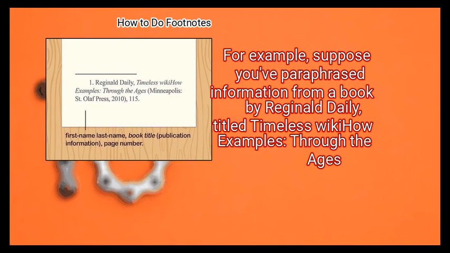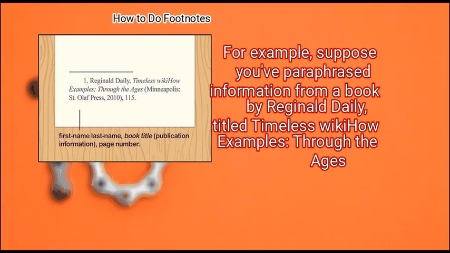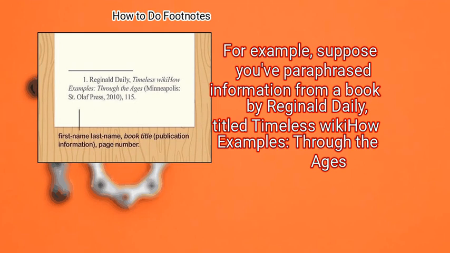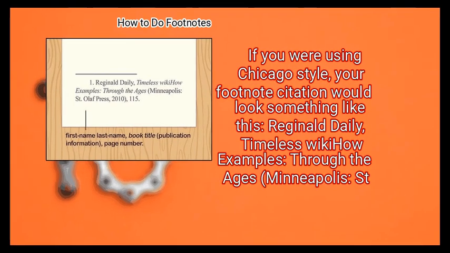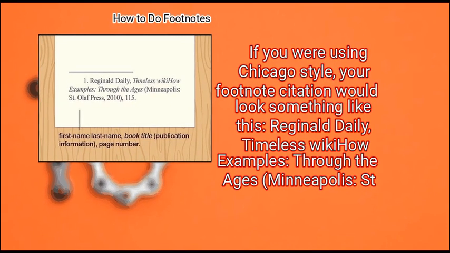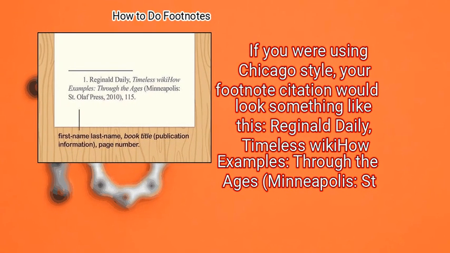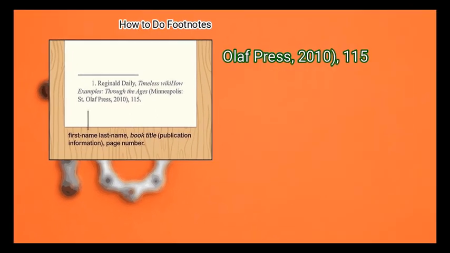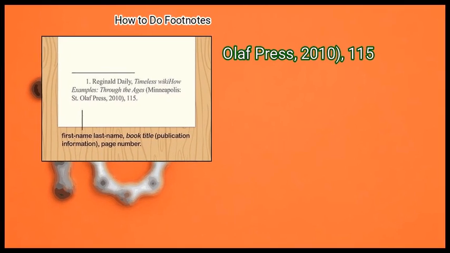For example, suppose you've paraphrased information from a book by Reginald Daly, titled Timeless WikiHow Examples, Through the Ages. If you were using Chicago style, your footnote citation would look something like this. Reginald Daly, Timeless WikiHow Examples, Through the Ages, Minneapolis, St. Olaf Press, 2010, 115.